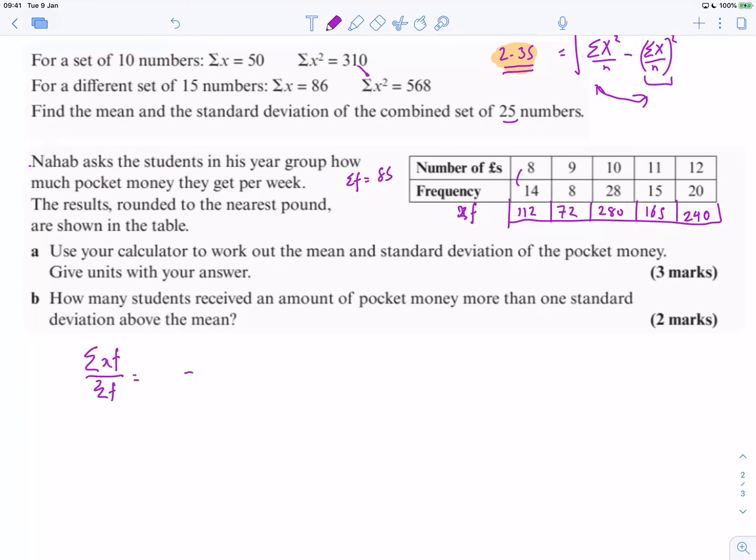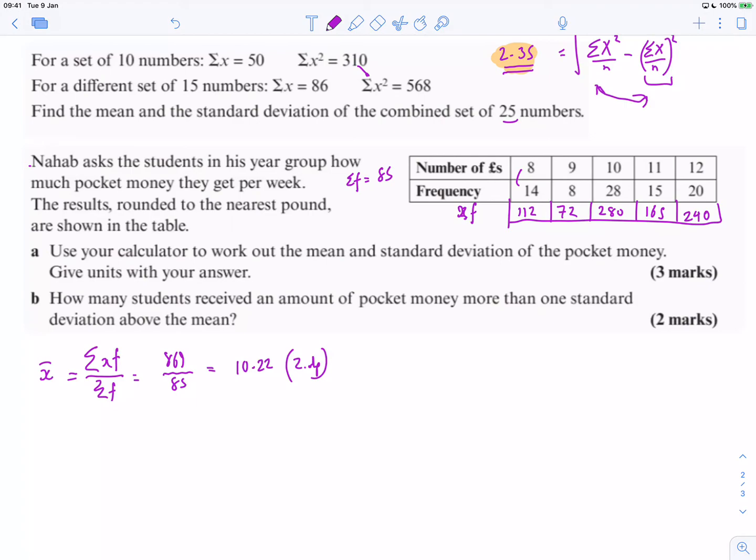So out of 85, I've got 112 plus 72 plus 280 plus 165 plus 240, so 869 divided by 85. It looks like 10.22 to 2 decimal places. Use your calculator to work out the mean. So the mean, x bar in this case, is going to be 10.22.